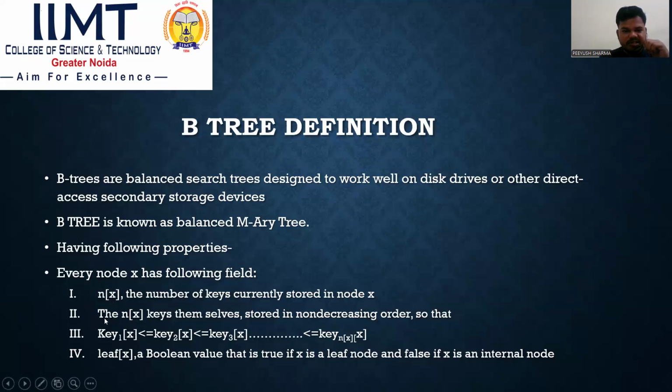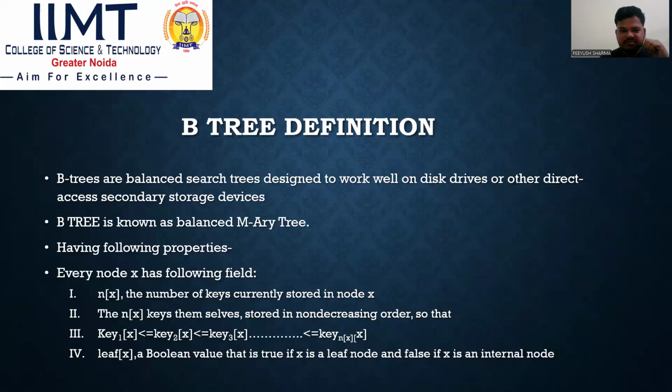Now the next property is that the nx keys themselves are stored in non-decreasing order, right? Here we already see that a B-tree is a balanced search tree, that means the keys which we are storing in a particular node are in non-decreasing order, right? If a node contains four keys, then the four keys are stored in non-decreasing order.